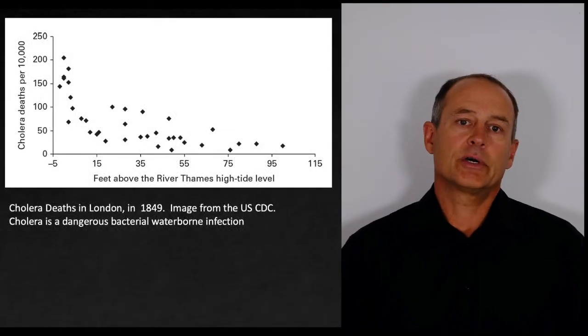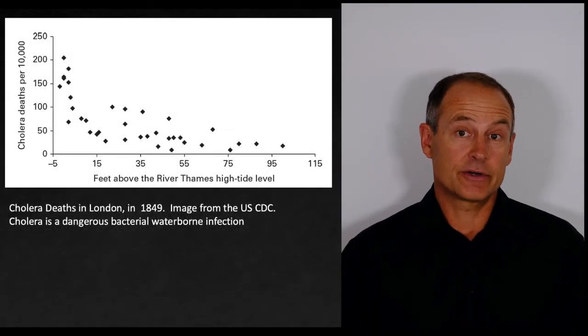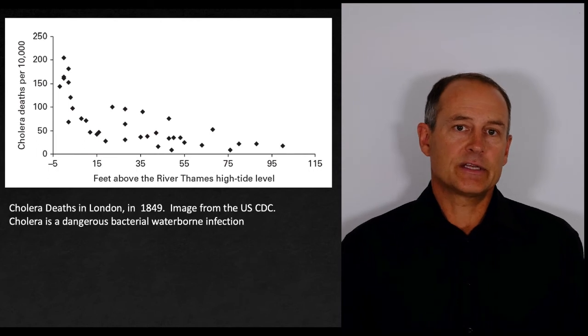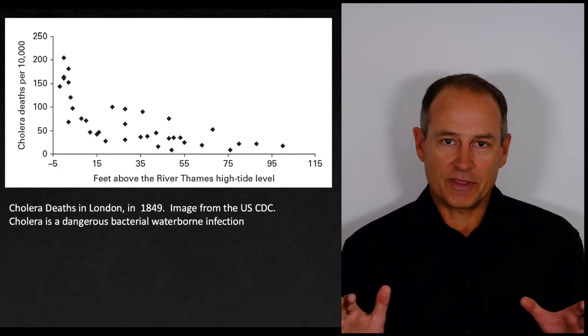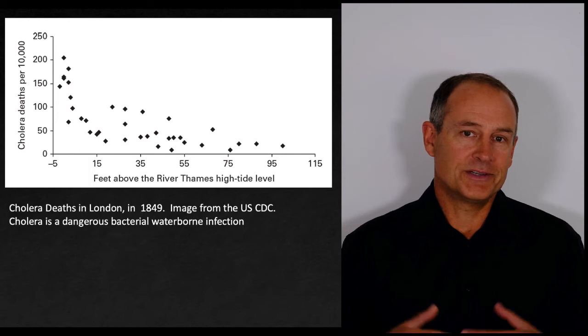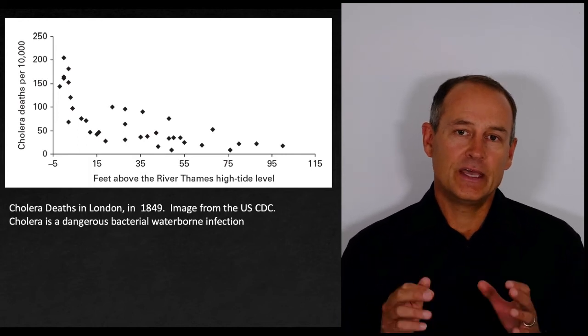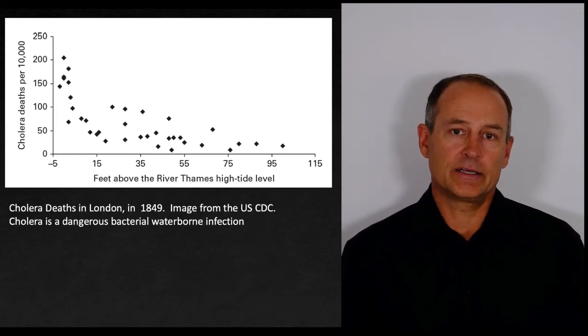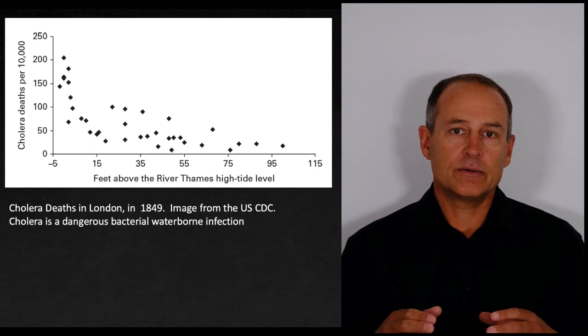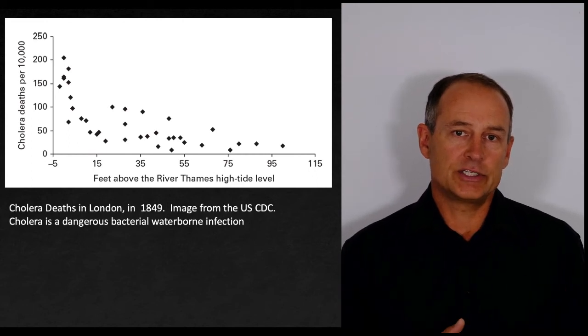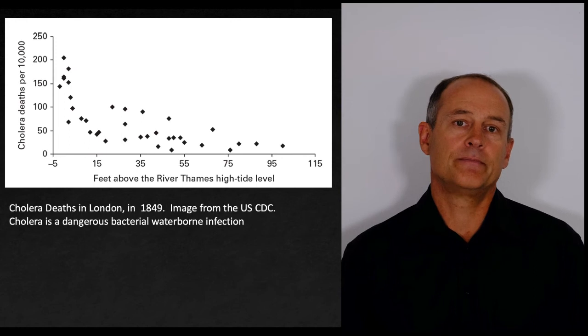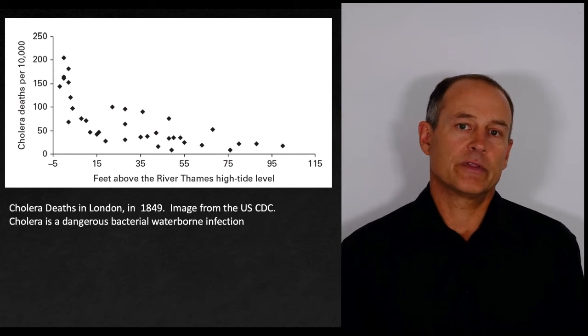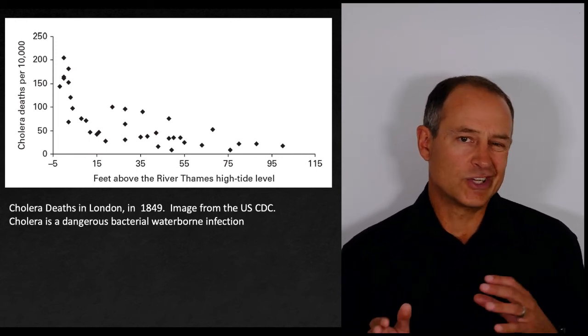The last graph I want to show you is actually from 1849. This again is from the Centers for Disease Control, so lest you think that environmental health is something new, this graph will prove otherwise. Environment and health are deeply linked for many diseases. And so this sort of research in epidemiology goes back to the 1800s. There are many diseases around the world that have a major environmental component or control.